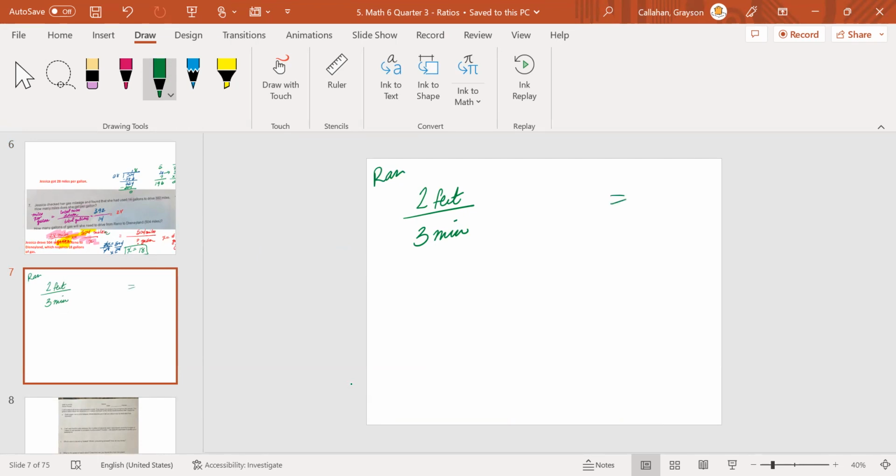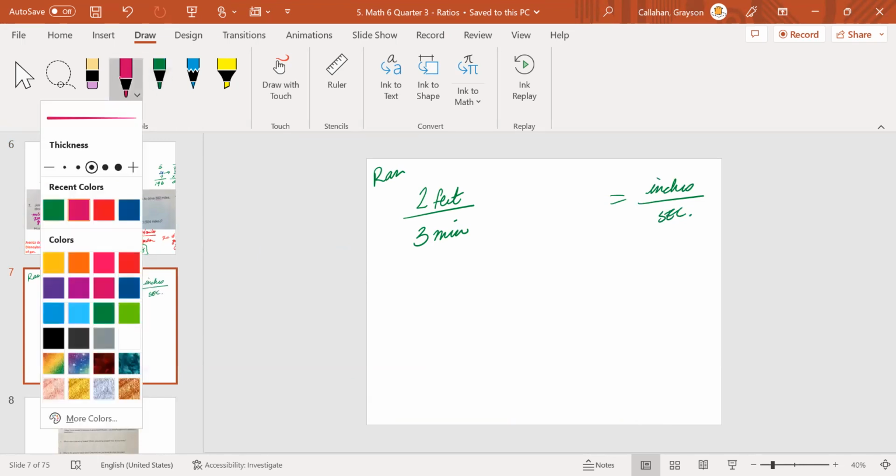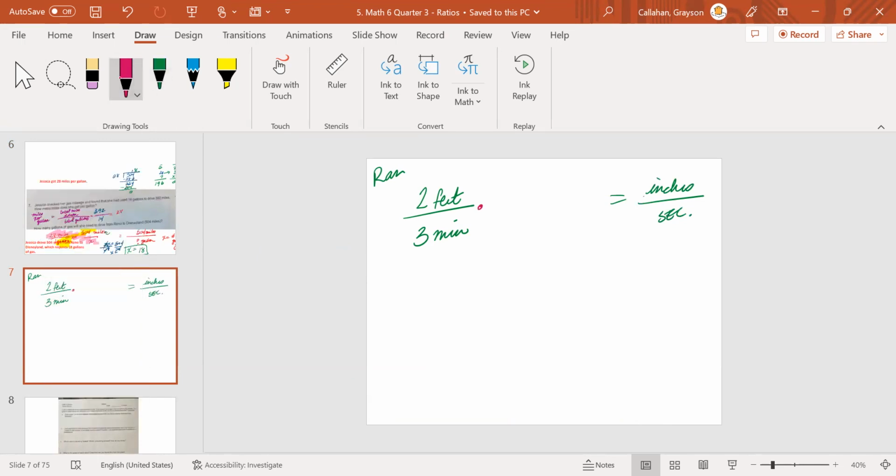If I wanted to convert that into inches over seconds, for example, I want to end up with inches on top, seconds on the bottom. Well, 1 foot equals 12 inches. Feet is on top, so I need the feet on the bottom so I can cancel it. So you put 1 foot and the conversion is 12 inches. Feet cancels. Now I have inches.